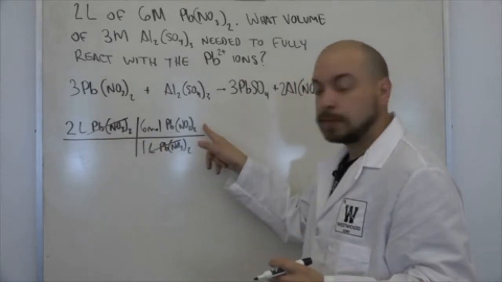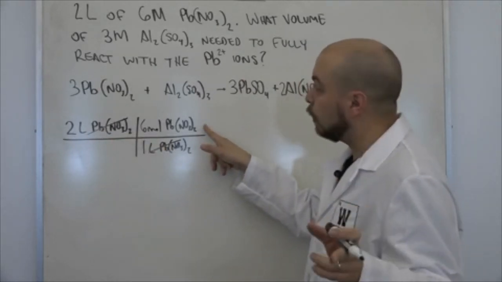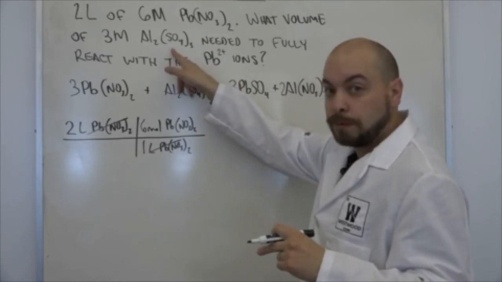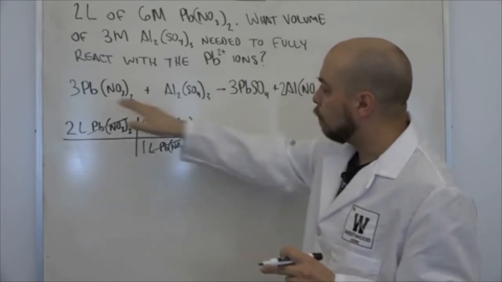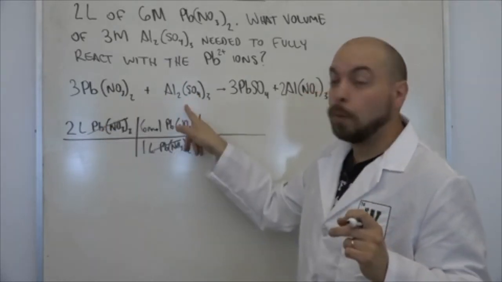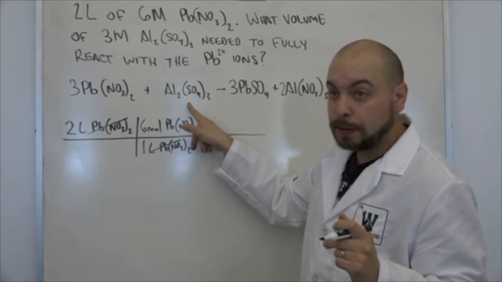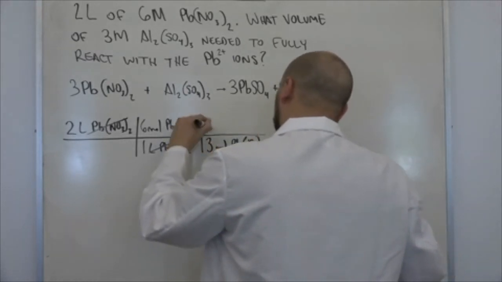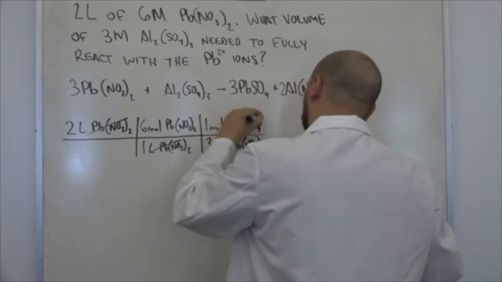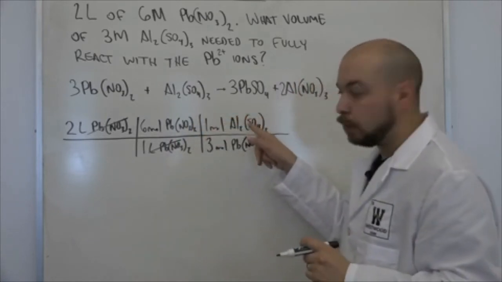We're now in moles of lead nitrate. We need to convert into moles of aluminum sulfate. All right, so the way we're going to do this is with our mole ratio. We've got 3 moles of lead nitrate for every 1 mole of aluminum sulfate. Now we're in moles of aluminum sulfate.